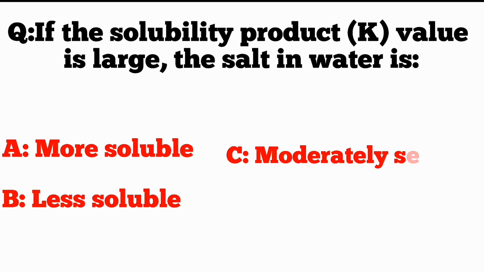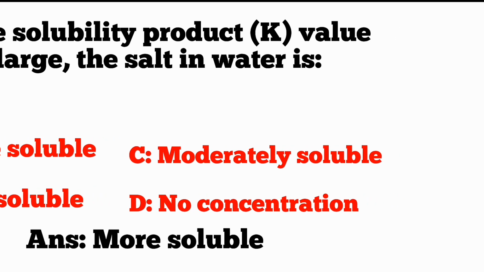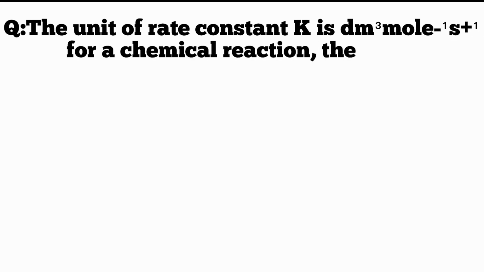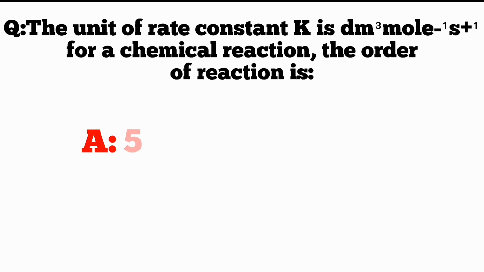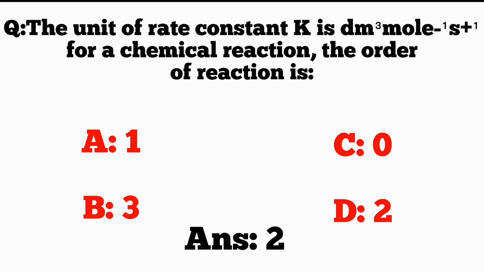C. Moderately soluble. D. No concentration. Ans. More soluble. Q. The unit of rate constant K is L mol^-1 s^-1 for a chemical reaction. The order of reaction is A. 1. B. 3. C. 0. D. 2. Ans. 2.